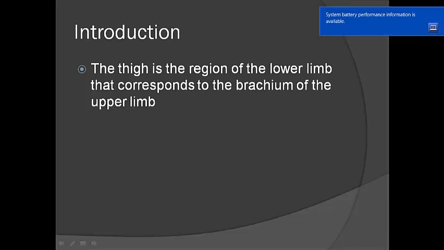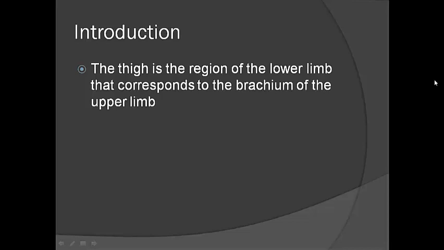You're going to have subdivisions in terms of regions, similar to the brachium and the forearm, in the lower limb you're going to have the thigh, the leg, and so forth. But obviously, because the lower limb and upper limb differ in function, there's going to be differences in structure, differences in how things are arranged, and so forth, but the overall idea is the same.